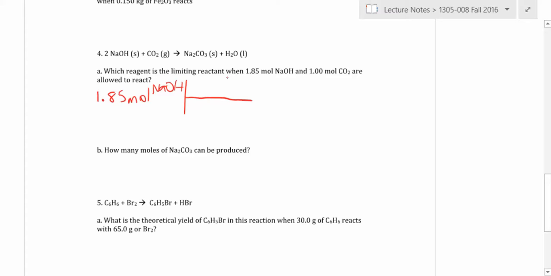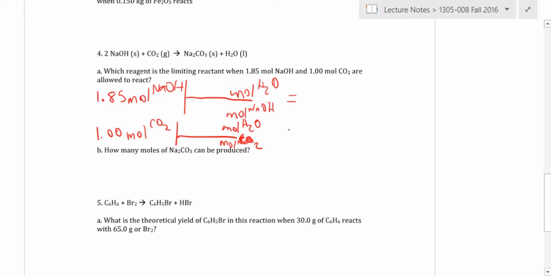It doesn't matter, let's just say water, moles of H2O from the moles of NaOH. And then do the same thing, 1.00 moles of carbon dioxide to the moles of H2O from the moles of carbon dioxide. Okay, fill it out and then answer that question.